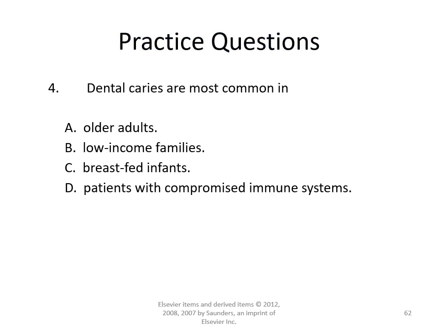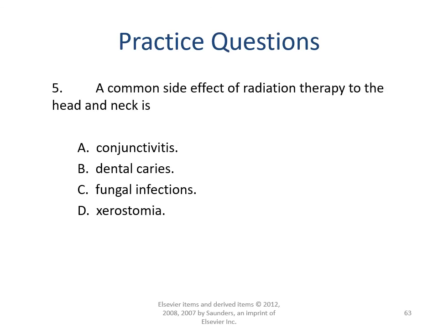Dental caries are most common in, and this is answer choice B, low-income families. And lastly, a common side effect of radiation therapy to the head and neck is, and this is answer choice D, dry mouth.